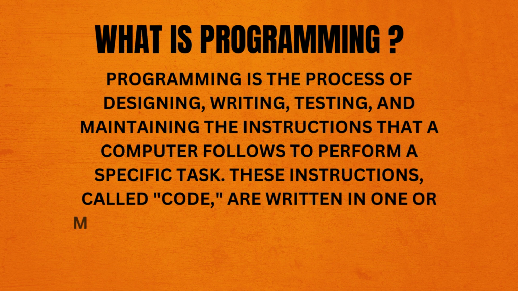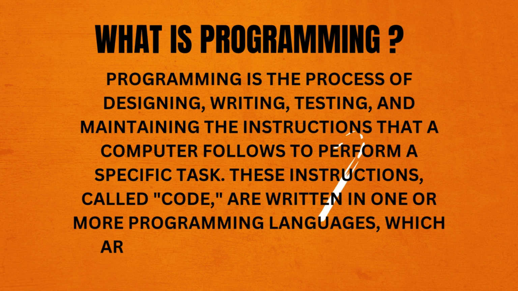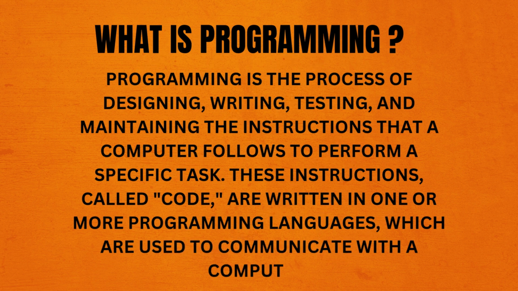These instructions, called code, are written in one or more programming languages, which are used to communicate with a computer. So now you can see that programming is used to communicate with a computer. That is, it is a language that is being used to communicate with a computer.